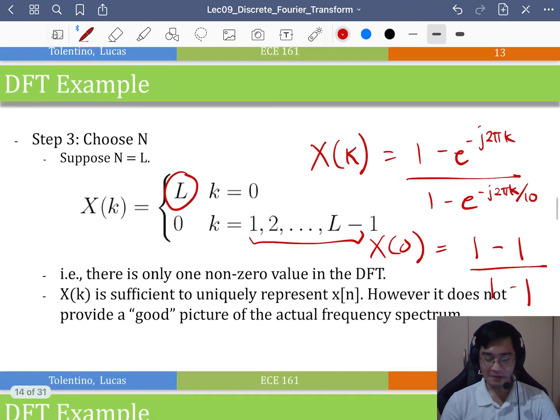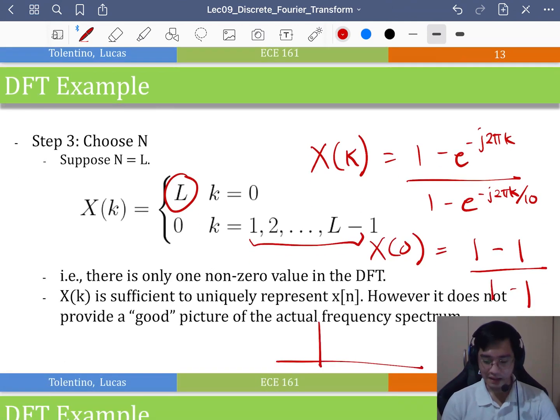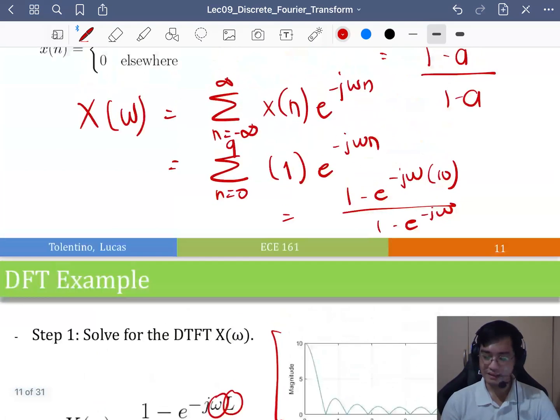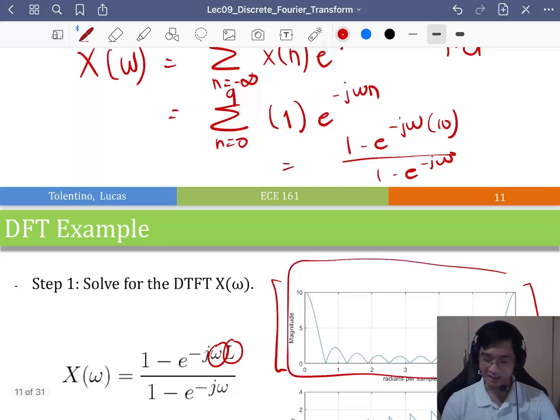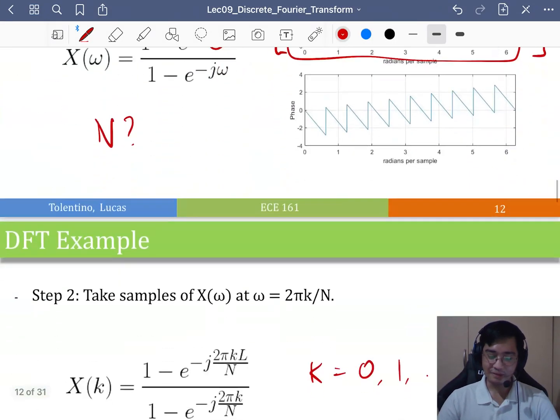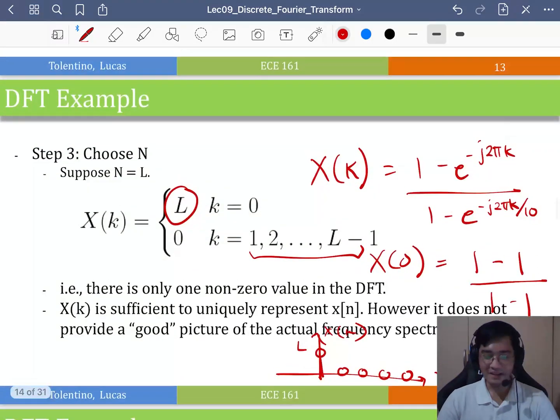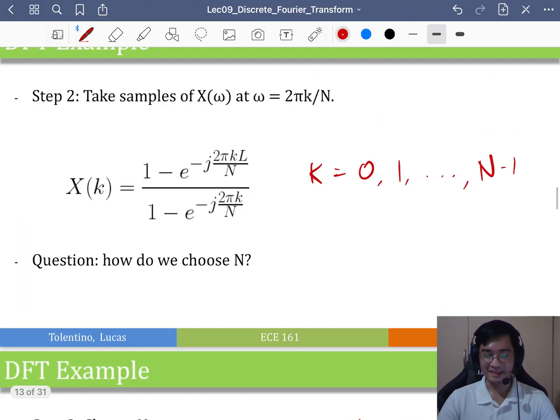So the problem is we have x of k as this one. So this is L and then 0 elsewhere. So it doesn't really capture this one. That is all right because we are not losing information here, right?